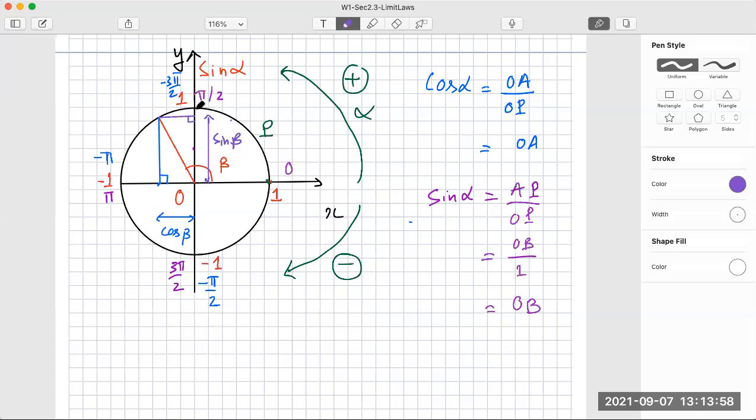If we go in the positive direction, we just add pi over 2 and continue this way, or if we go in the negative direction, we just subtract pi over 2. It's just a convention, okay? Any other question?